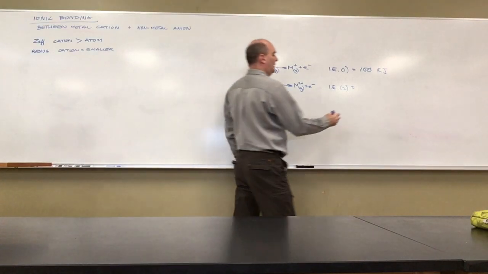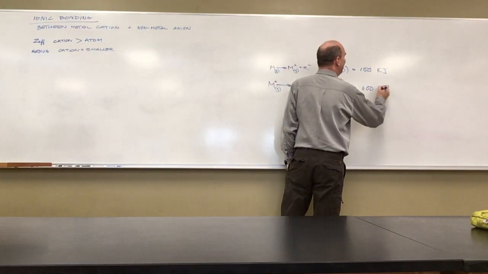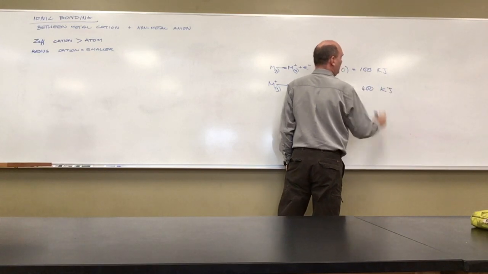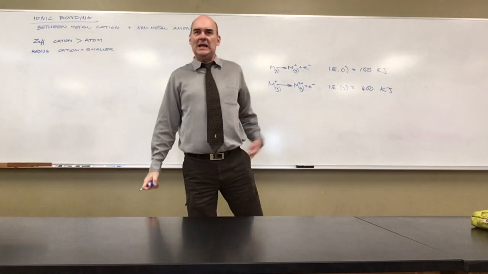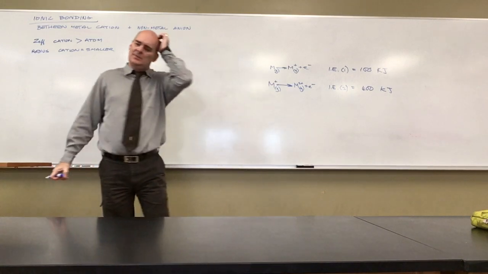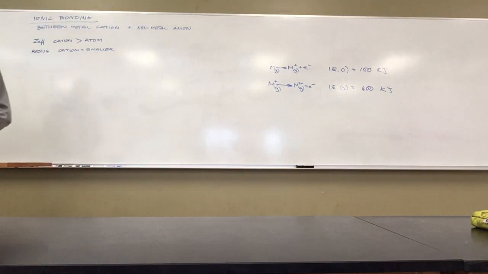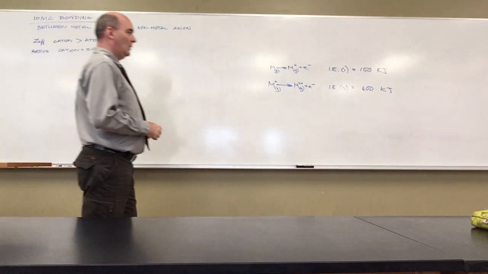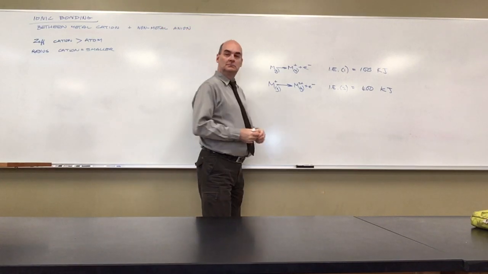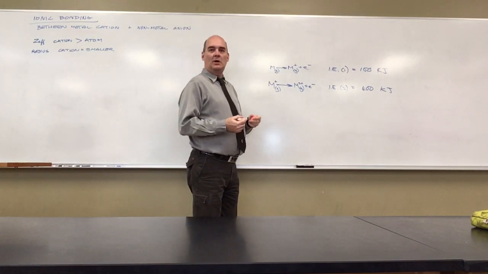And this one would be significantly larger than the first one, even for something like a magnesium or a calcium that wants to go to 2+. Why is that? Because the effective charge is strong. Okay. Why is that?